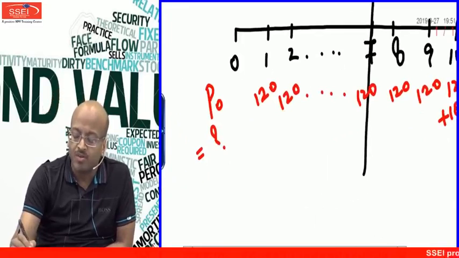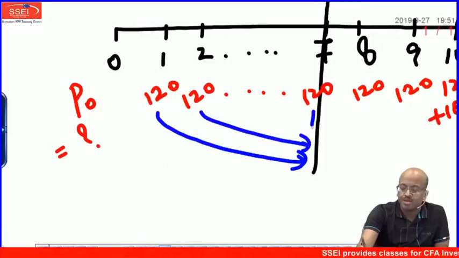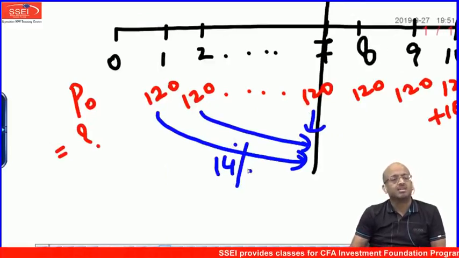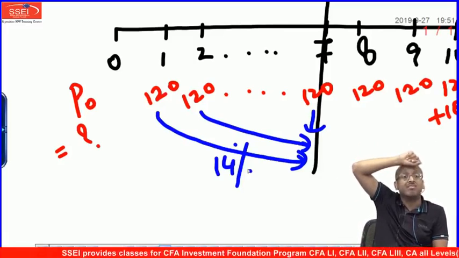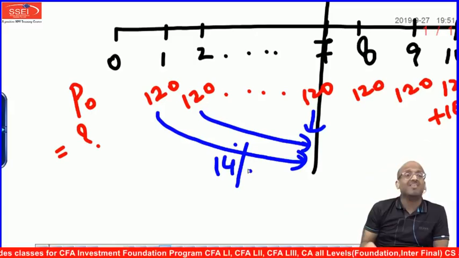Now you kept on reinvesting all the cash flows at 14%. It's given in the sum. I hope you were paying attention when I was dictating. That's great news. You were reinvesting at 14%, whereas the yield was 11%. So you gained on the reinvestment front, because YTM assumes you will be able to reinvest at 11.